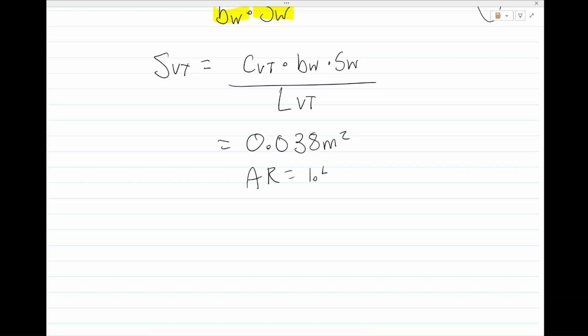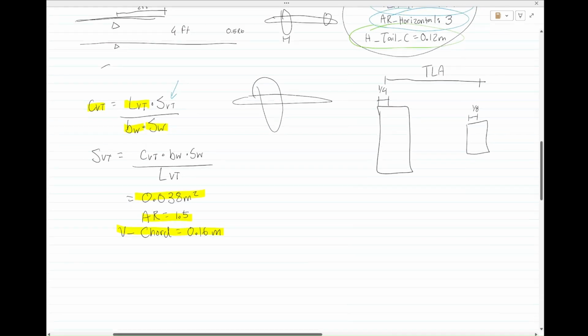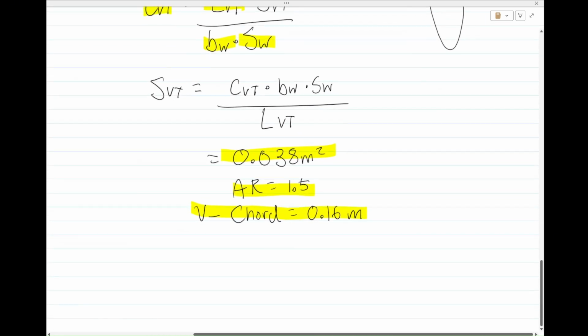I'm just going to choose 1.5. What does that make our chord for our vertical tail? 0.16 meters. Am I missing anything? No, and we also have the lever arm from before. Perfect.